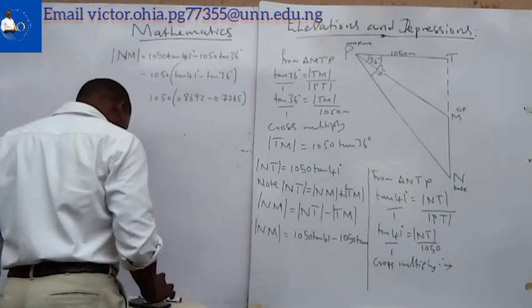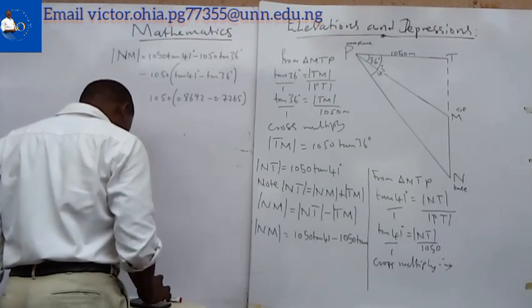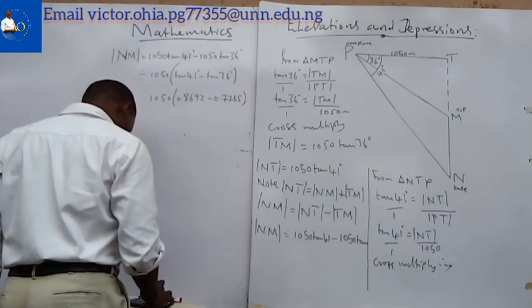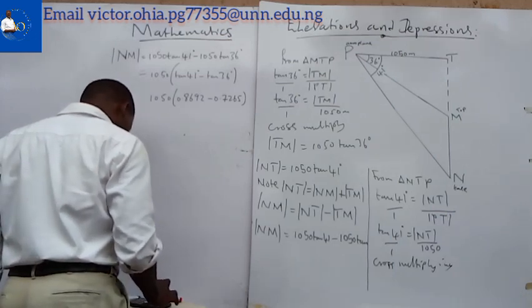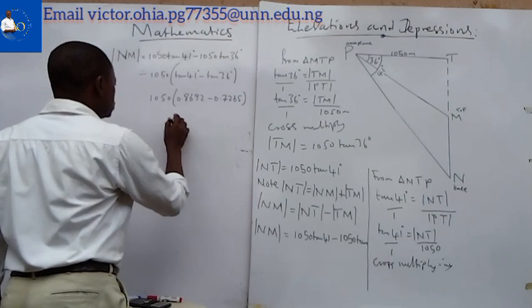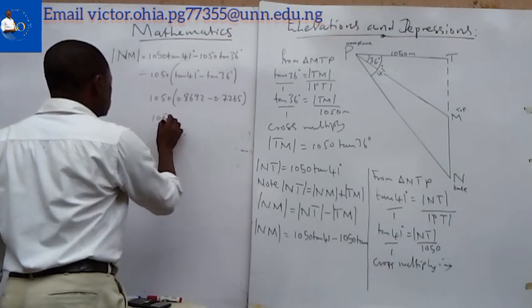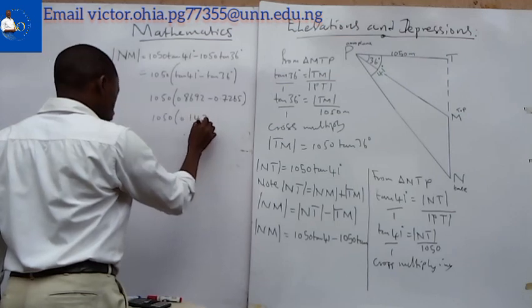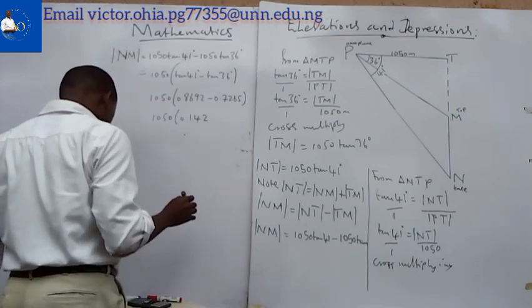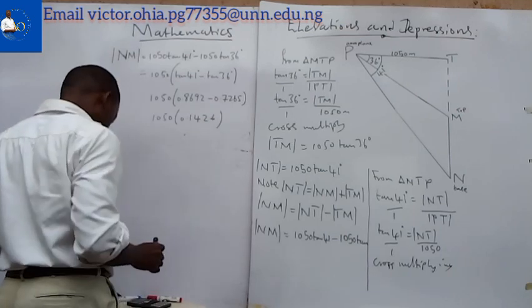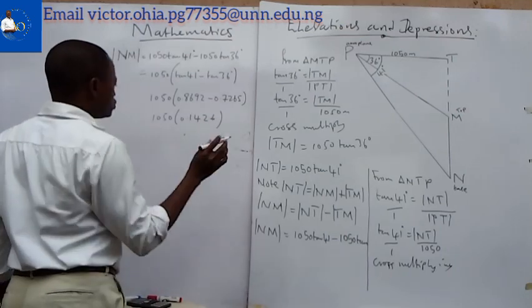The difference, I have 0.8692 here minus this result I have here. That gave me 1050 in bracket 0.1426. I think I could have made an approximation, but let me just leave it.